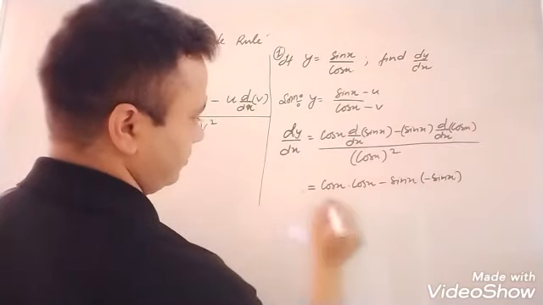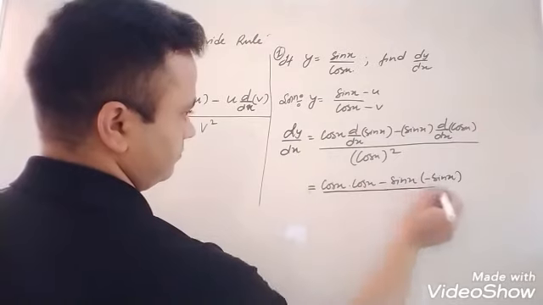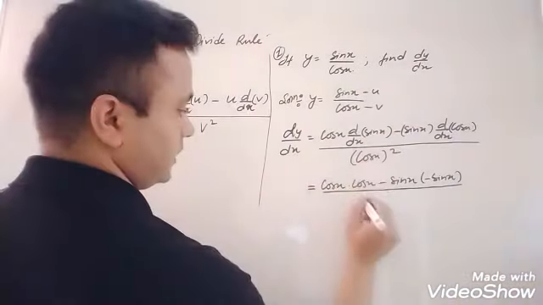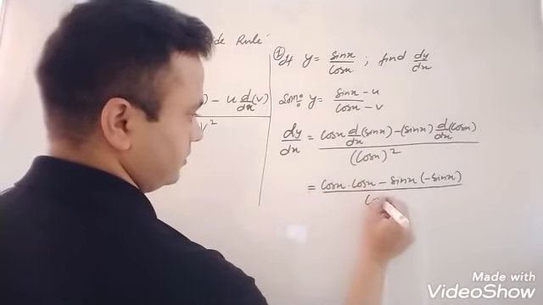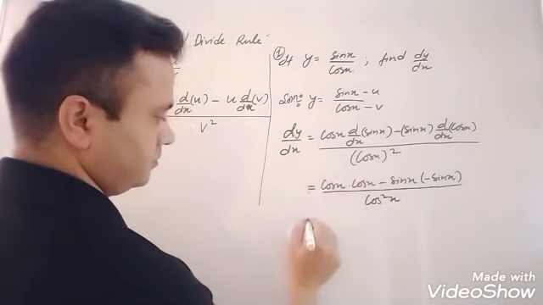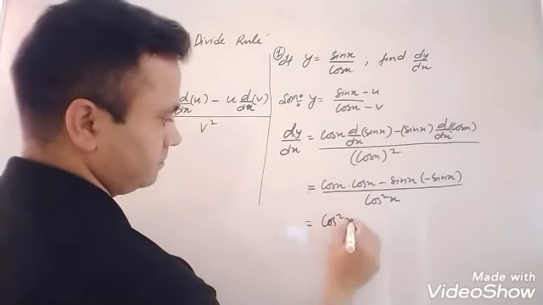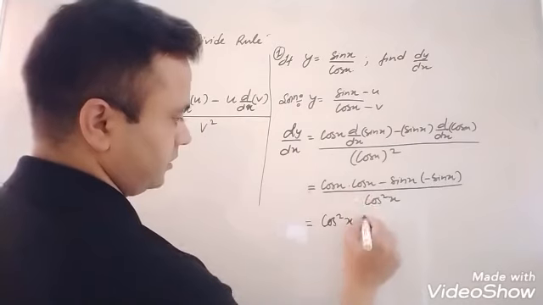Now see the formula. You have to remember all the formulas. Cos x whole square means cos square x. So this equals cos x into cos x is cos square x. Minus into minus is plus.